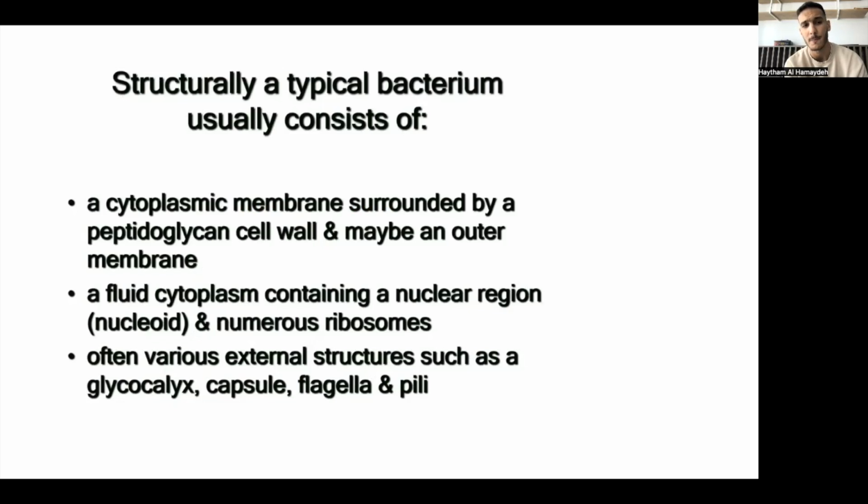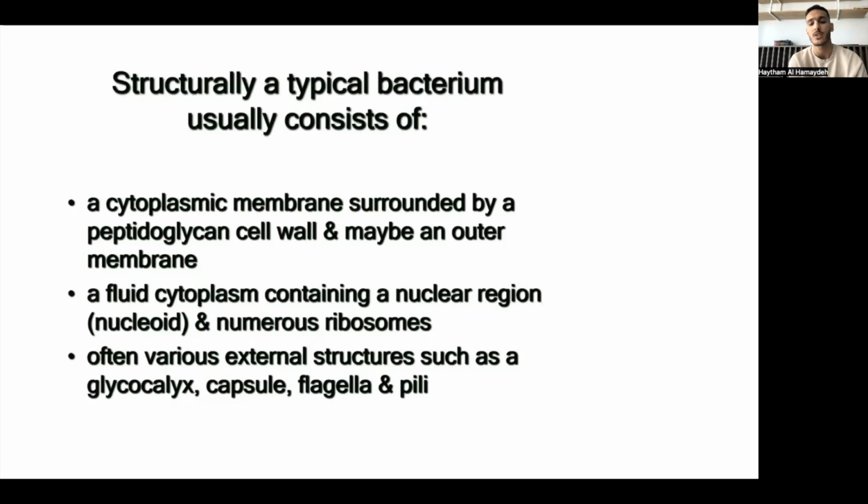This peptidoglycan can be the outer layer, or in some other forms, such as gram-negative bacteria, there's an extra membrane covering that peptidoglycan layer. Then a fluid cytoplasm containing a nuclear region, the nucleoid, and numerous ribosomes. Ribosomes are very necessary and exist inside a bacteria to help produce a lot of proteins.